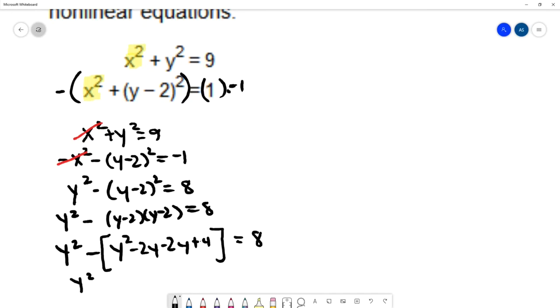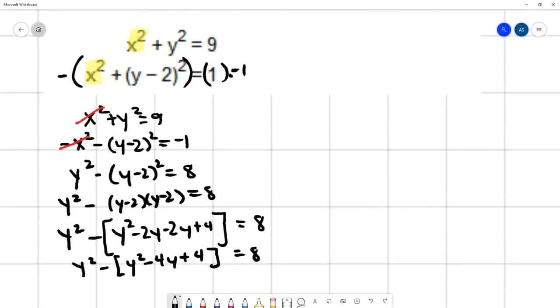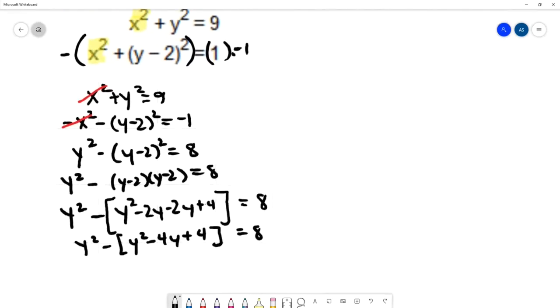I have y squared minus (y squared minus 4y plus 4) equals 8. And I can distribute that minus to all the terms.